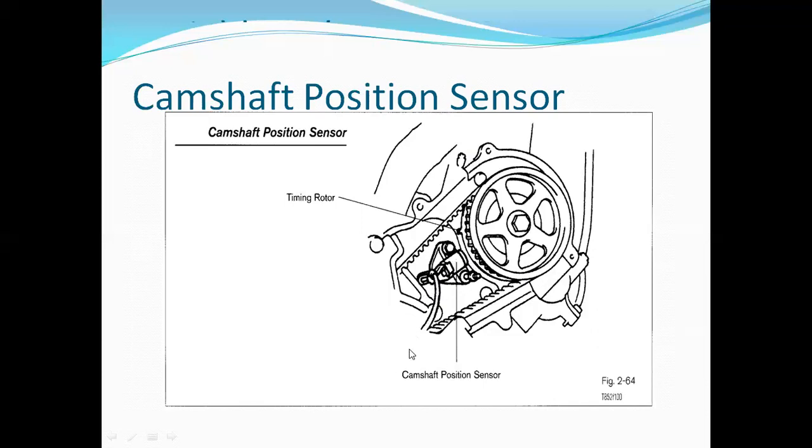So this camshaft position sensor itself generates high voltage for its own operation. There is no need of a DC power supply here, and it can give the feedback directly to the main system.